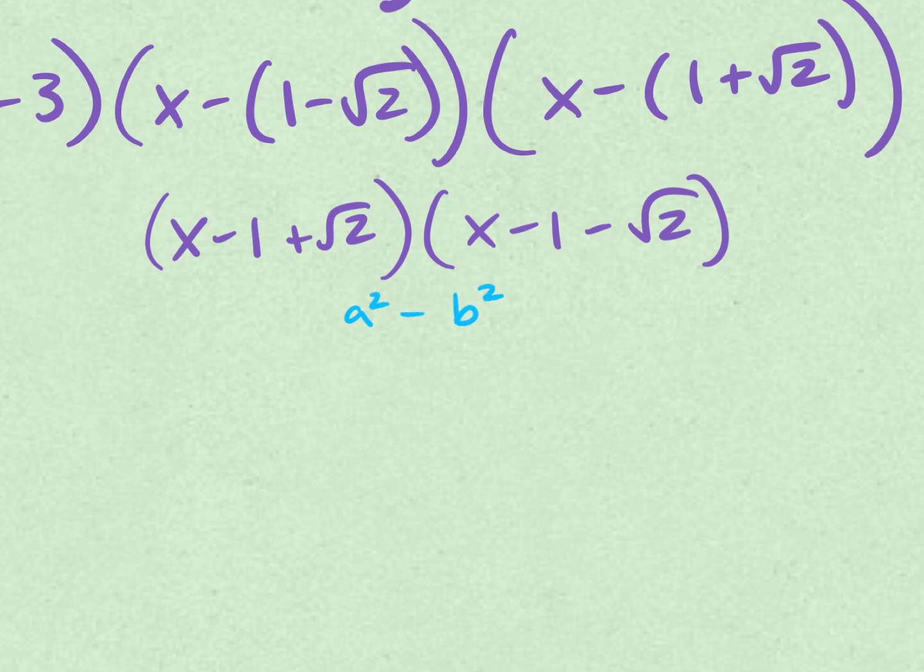However, what's our a here? So conjugates are separated by the different signs. So we've got a plus and a minus. What do you think our a is? X minus 1. So we have x minus 1 squared minus, what's our b?